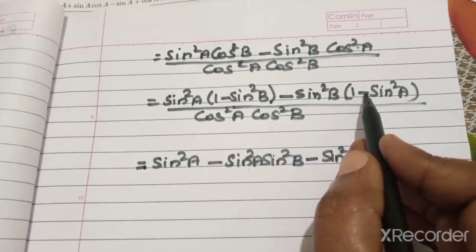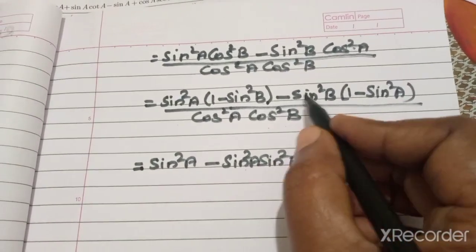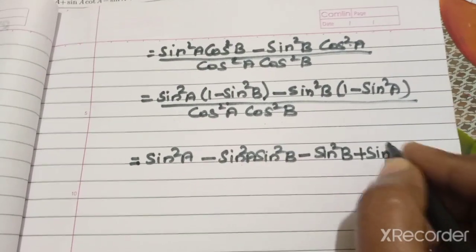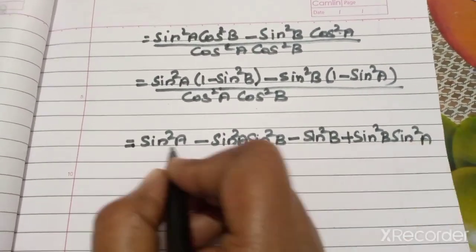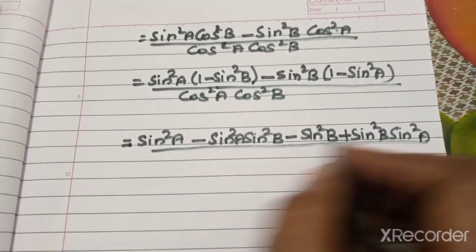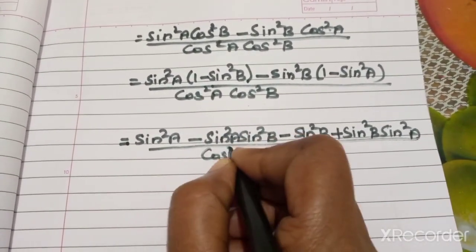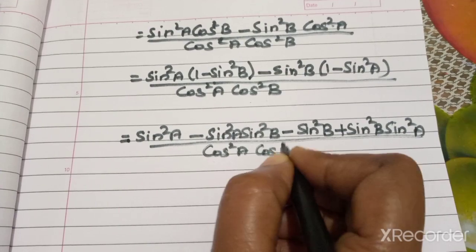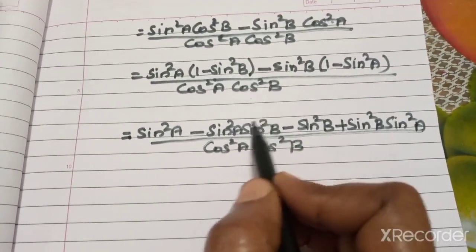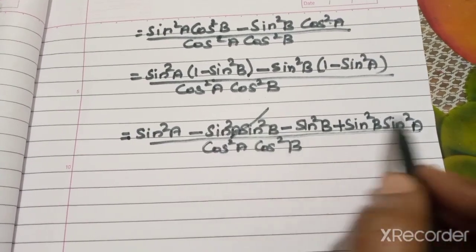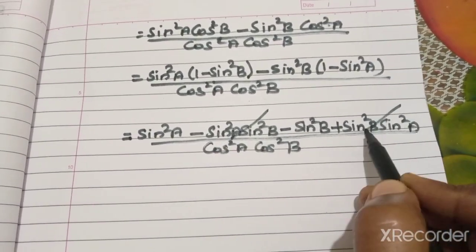Now the same way, the second term also: minus sin square B into 1 minus sin square B, minus into minus plus, sin square B into sin square A, divided by the denominator term as it is, cos square A, cos square B. Now plus minus terms can be cancelled: minus sin square A sin square B term plus sin square A sin square B term.